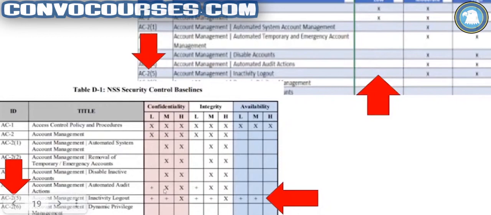It has these pluses throughout the document where it doesn't matter if it's low, moderate, whatever. If it has a plus here, you have to do it. So that's another one of the differences between NIST 800-53 and what you have to do with a DoD risk management IT system if it was a national security system. So I hope that makes sense.